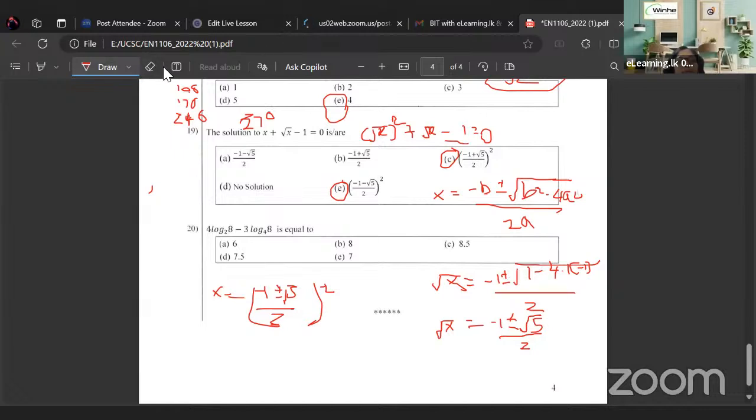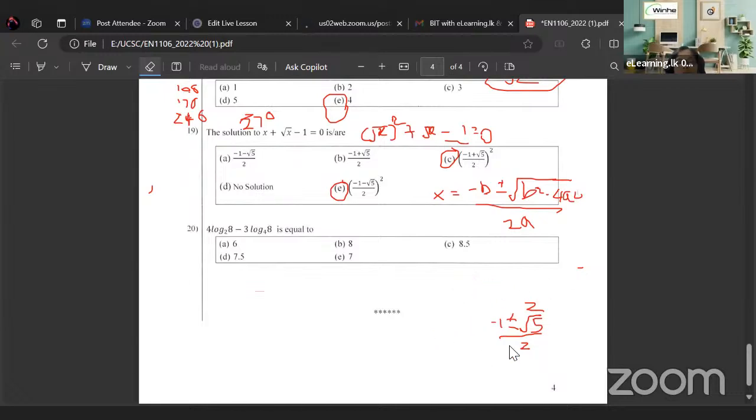Right. Then do question number 20. Try to do question number 20.